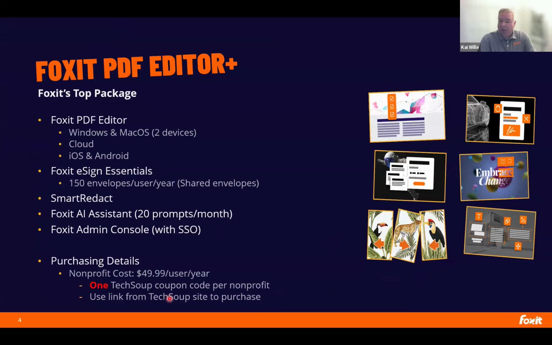And one other thing that's important is you only need one coupon code from TechSoup. Doesn't matter how many users you're signing up. Let's say you have 10 users, you do not need 10 coupon codes. You need one coupon code per subscription with no limit to the users. So that's an important thing because we've noticed some folks buying multiple coupon codes, and that is not necessary.